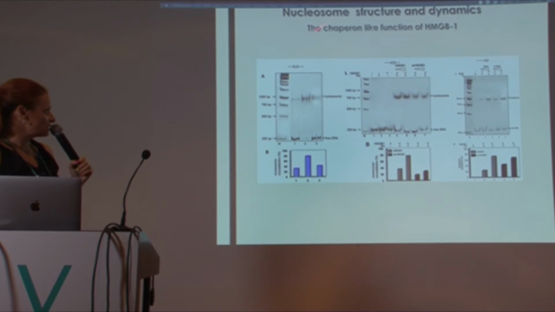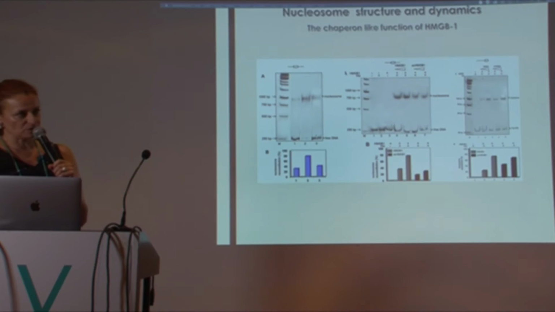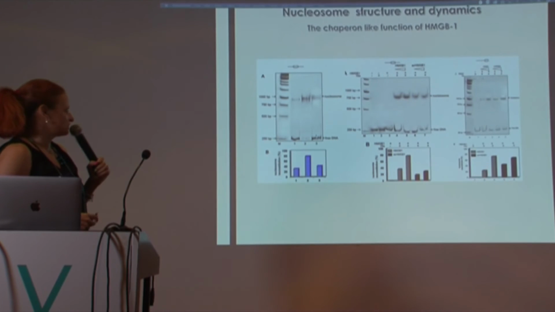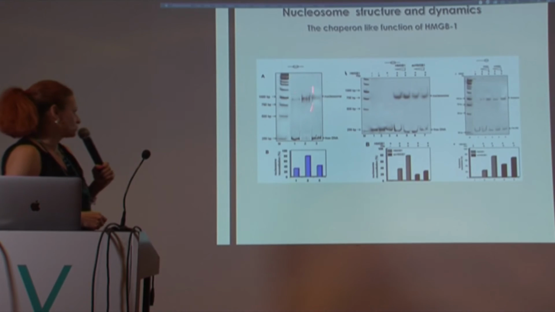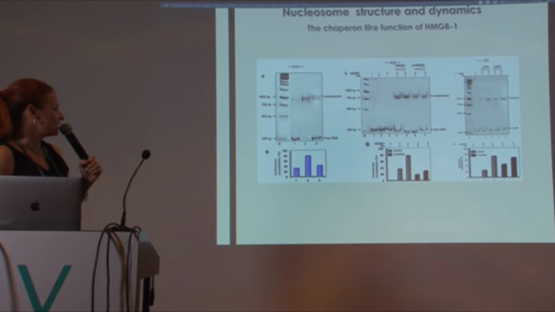So the next question was if HMGB1 could help nucleosomal formation. First, we tested the role of the protein in classical nucleosomal formation by salt dialysis, and it turns out that indeed HMGB1 increased the nucleosomal formation.